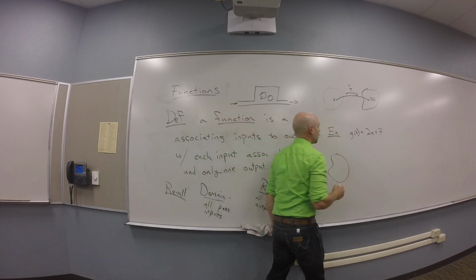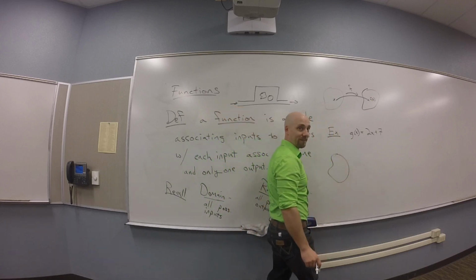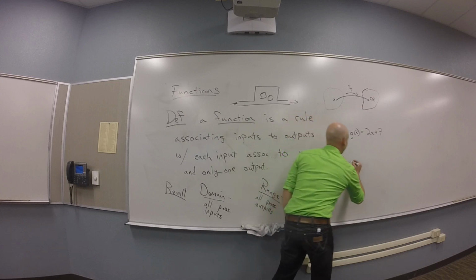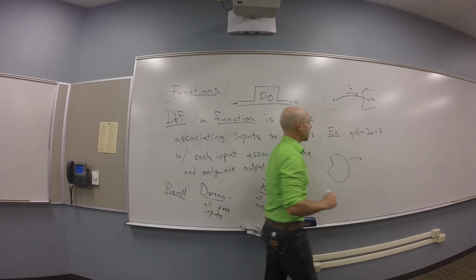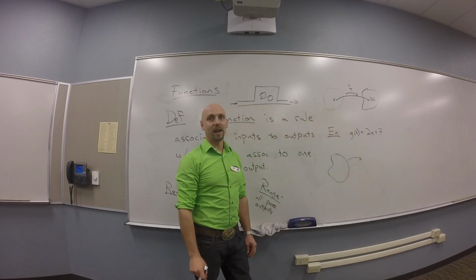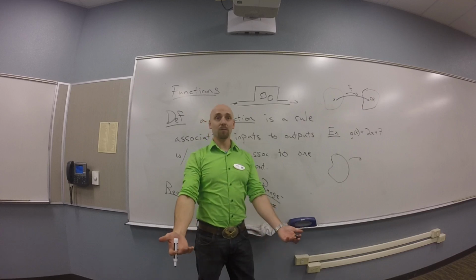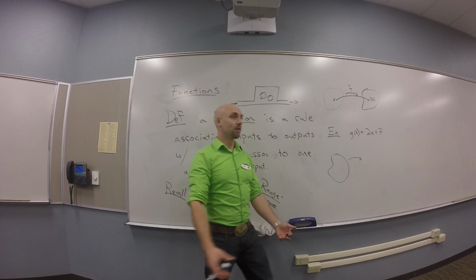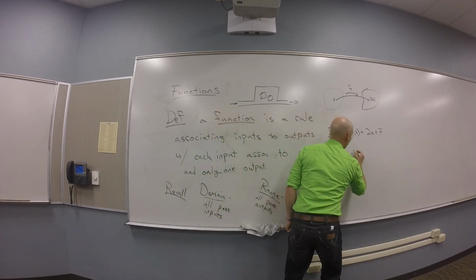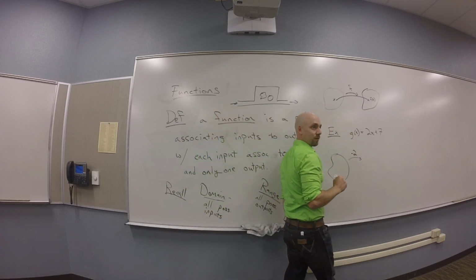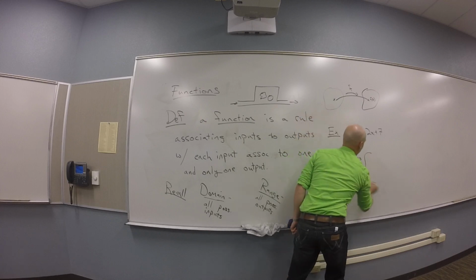You probably know how to do lots of stuff with this function. So tell me, how would you do this function to an x? What would your first step be? You'd first multiply by 2, right? So my first step in my bubble would be multiply by 2.